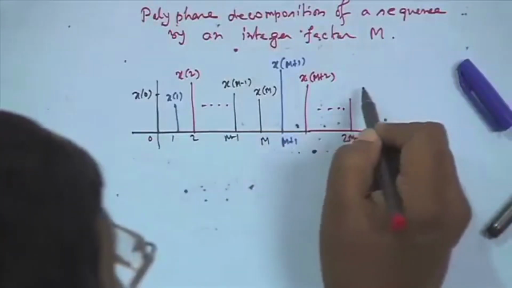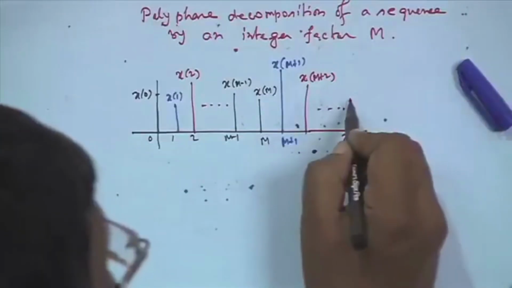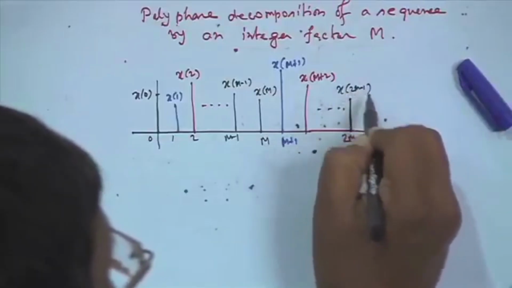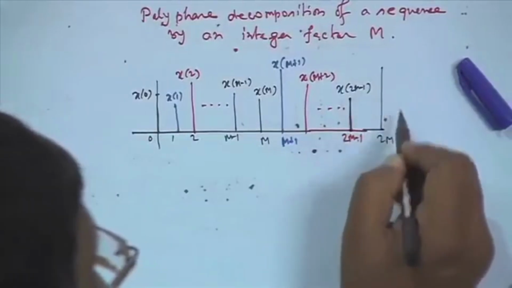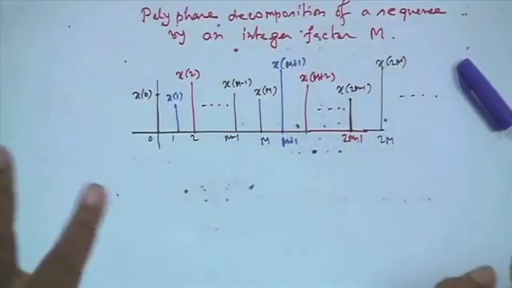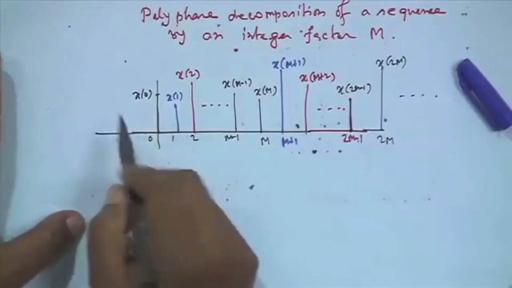So, this is your, let me draw by black ink. Then again at 2m, x 2m, dot dot dot. Nothing new, I am just drawing the samples as they are. On this side also you can draw.